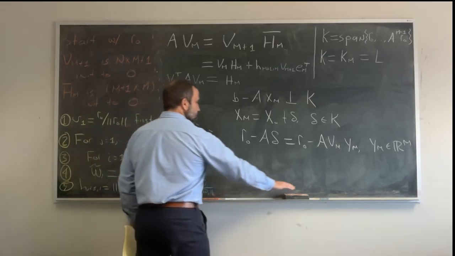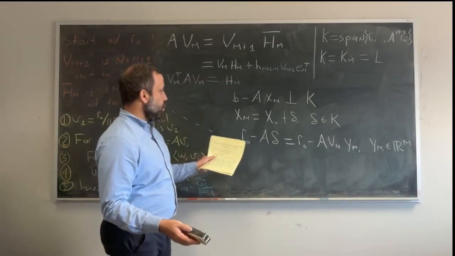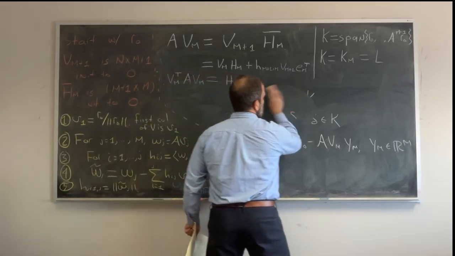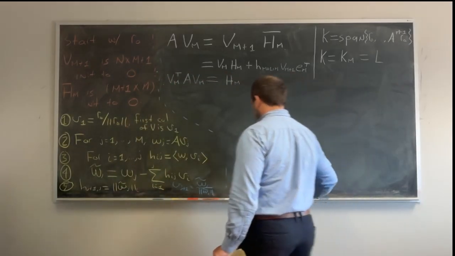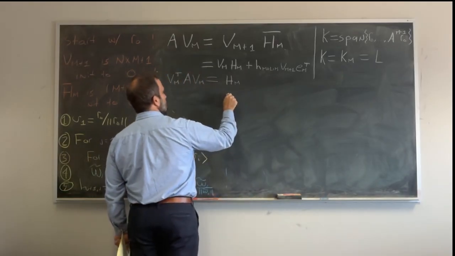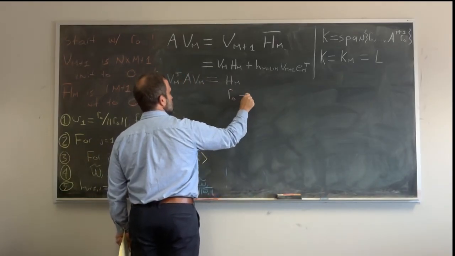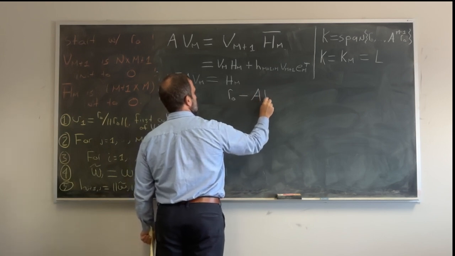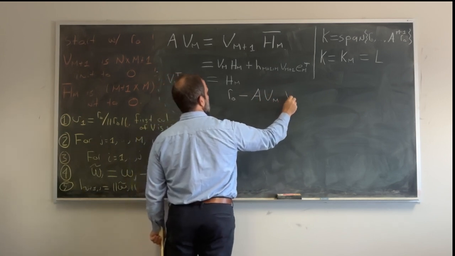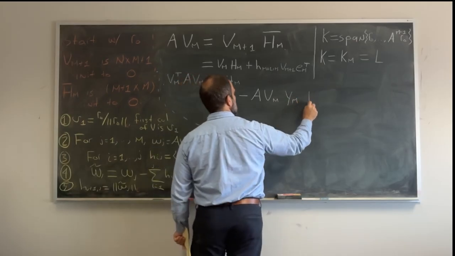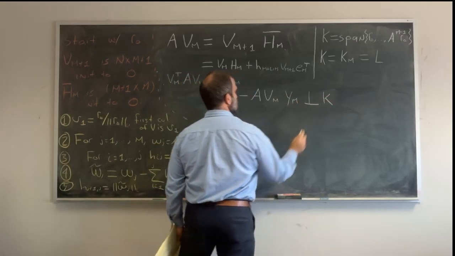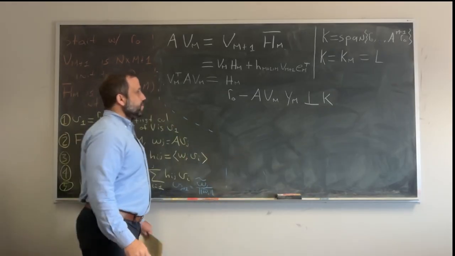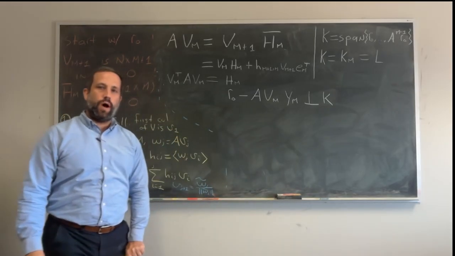Okay, so we want this to be orthogonal to K. So I'm going to rewrite this up here. We want r naught minus A V_m y_m to be orthogonal to K. And if we write out what this means, it means if I do the inner product of this with V1, it's equal to 0.